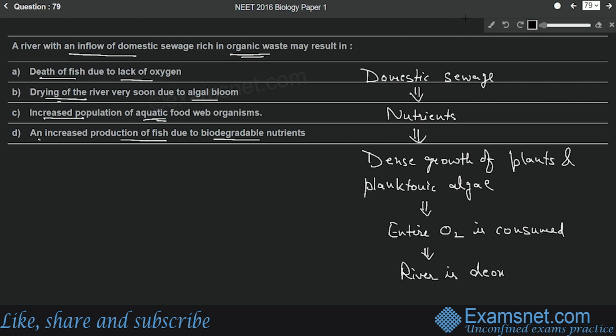That means there is a lack of oxygen. So what will happen to the fish? They will not get an adequate amount of oxygen to respire and therefore they will die due to lack of oxygen. Therefore, the correct answer will be option number A, death of fish due to lack of oxygen.